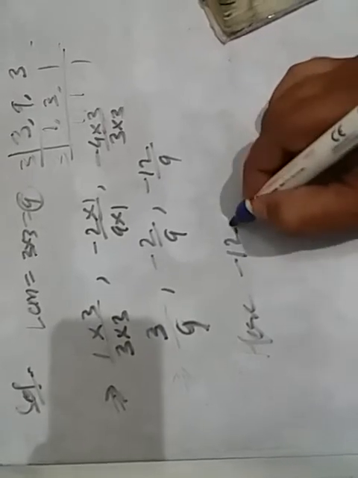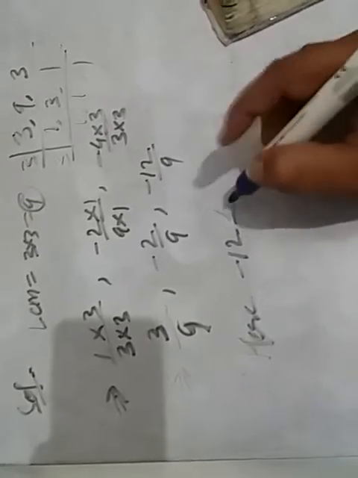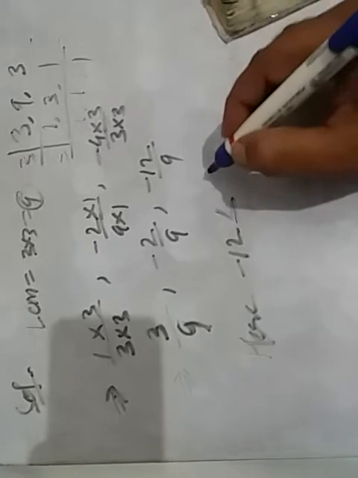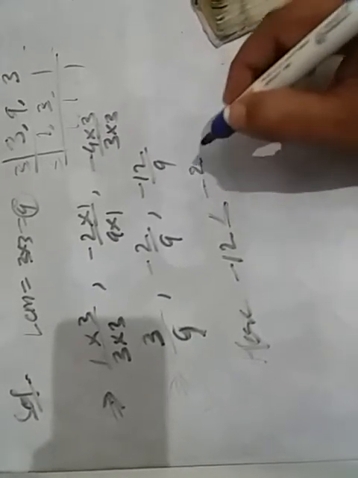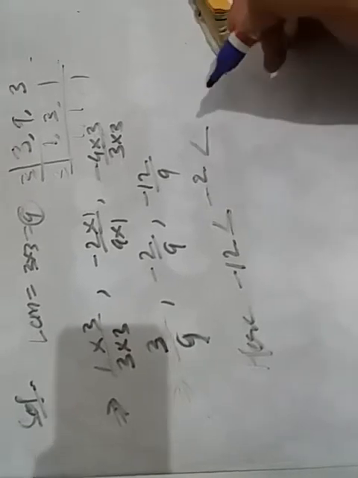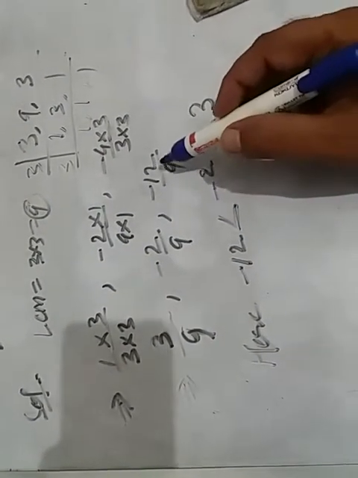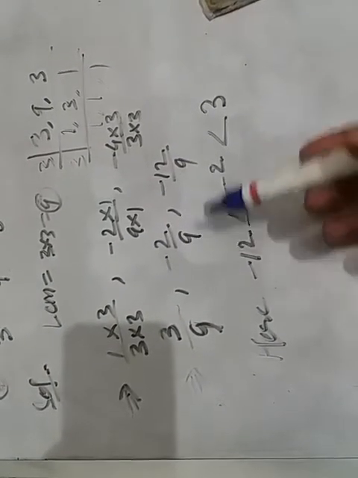Minus 12 is less than minus 2, and minus 2 is less than 3. Means 3 is the greatest number, because obviously it is a positive number, and minus 12 is farther than minus 2. Minus 2 is closer to 0.